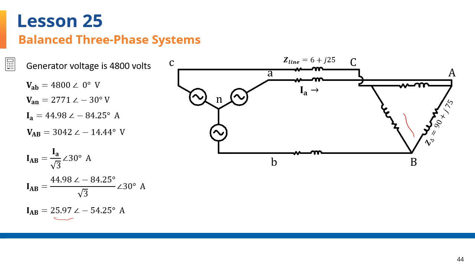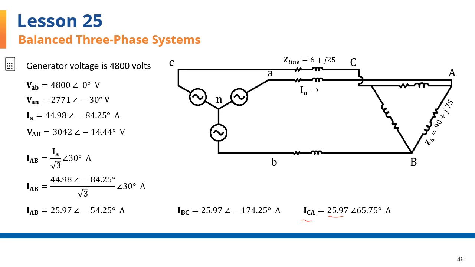IBC in this direction and ICA are both found from IAB already, again with phase rotations, so we subtract 120 from this one to get IBC, and we can subtract another 120, or simply add 120 to the phase angle of IAB, and either way ICA comes to 25.97 with 65.75 degrees.